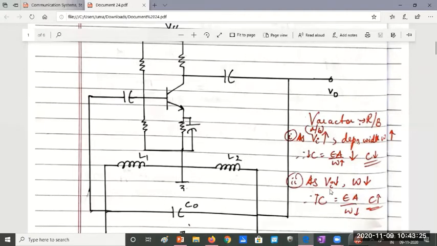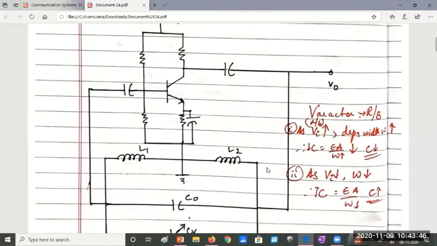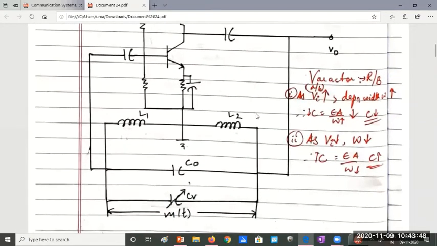If I reduce the reverse bias voltage across the diode, then the depletion width W reduces. Epsilon A by W: W reduces means C should increase. The transition capacitance increases. So we are using the transition capacitance of the varactor here.